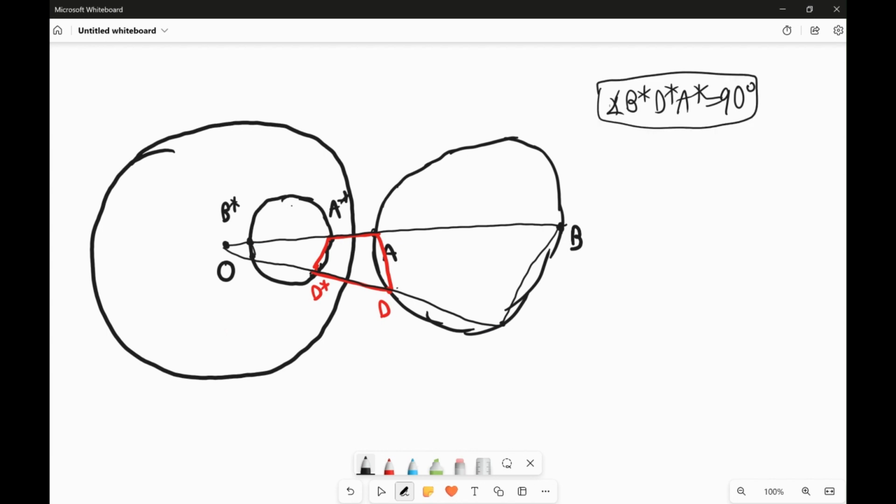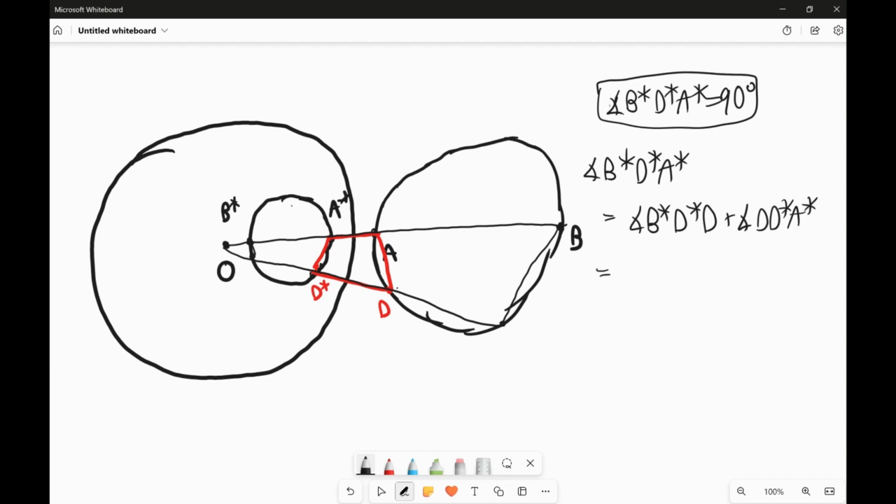So how do we go about proving this? Well, we have this angle here, B star D star A star, and we might want to split it up. So this ends up being angle B star D star D plus directed angle D D star A star.